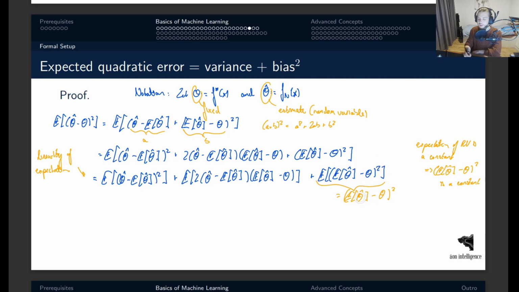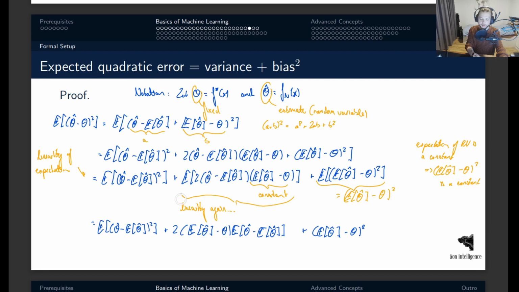So this entire thing will be just the argument of this expectation. Also, we observe that since the expectation of our estimate is a constant and theta is a constant, this part will also be a constant. And then we can employ linearity of expectation again to turn this term into that one. And that way we are left with 2 times this constant times the expectation of that bracket.